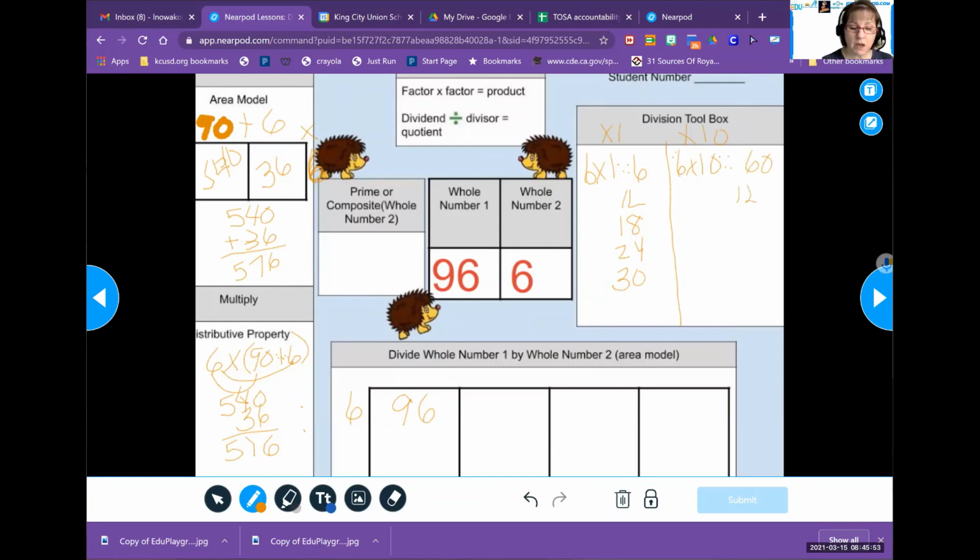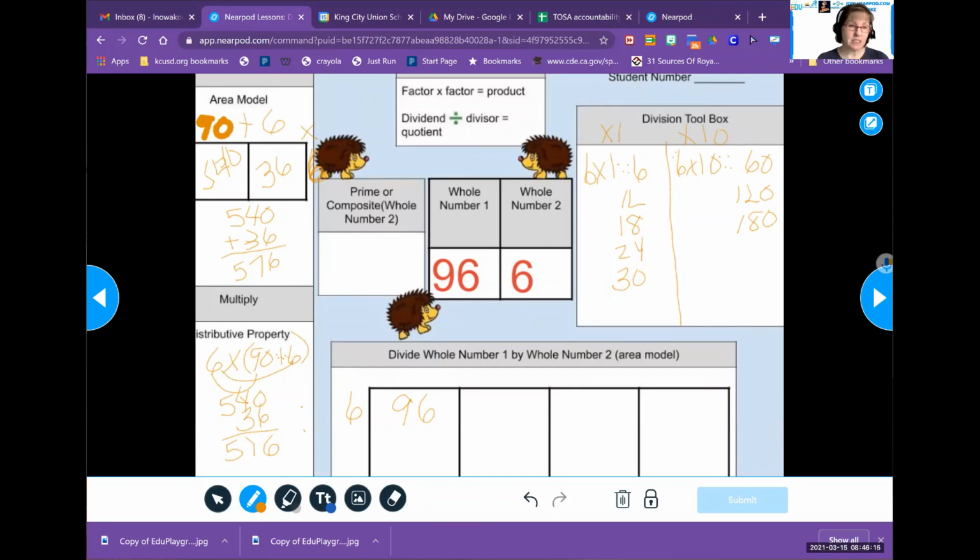Oh, this is going to be 120. Oh, this is 180. And then I have them stop. I have them look at the product and I have them look at the dividend. Do I need to keep going? Hopefully they say no. All right, great. So I'm going to stop.